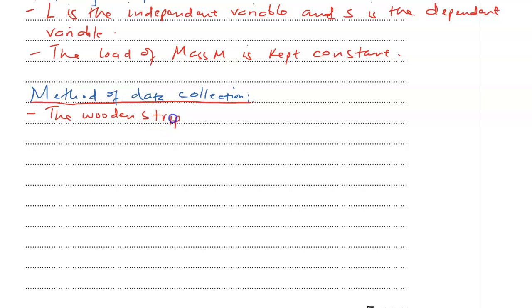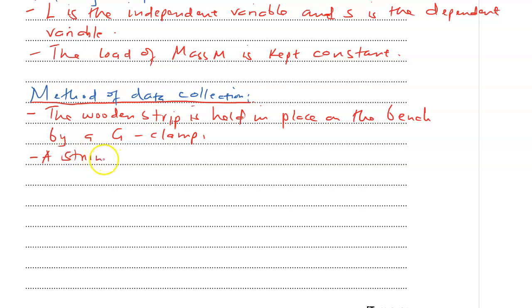Of course, the first thing you have noticed is that the wooden strip is held in place on the bench by a G-clamp. Of course, so that it does not topple, we hook a string with a hook where we are going to suspend the mass.